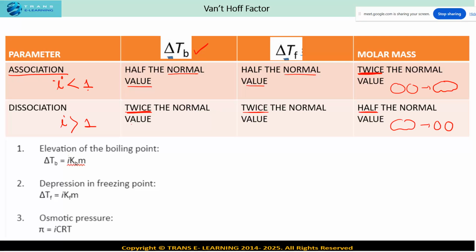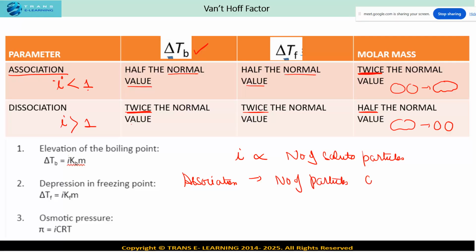Why are the elevation in the boiling point and the depression in the freezing point getting halved? This is because we have seen that the Van't Hoff factor is directly proportional to the number of solute particles. So when we are talking about the association, the number of particles decreases, so the Van't Hoff factor will also decrease.